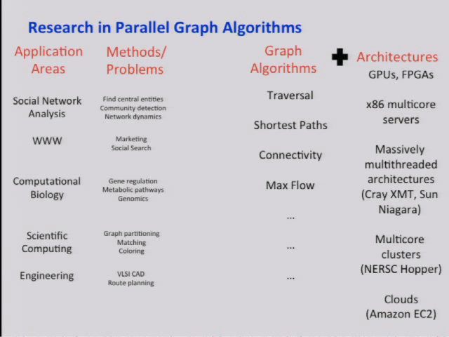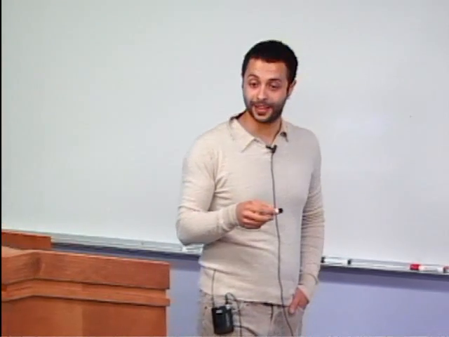And there are a lot of architectures you want to target. So every time you want to target an application area, you find the problems you want to solve and the algorithms that are needed to solve those problems, and finally, which architectures you want to implement those things on. So it's kind of a complicated story. And this is the reason. It's a graph, yeah. It's a directed graph. It's actually a cyclic graph.